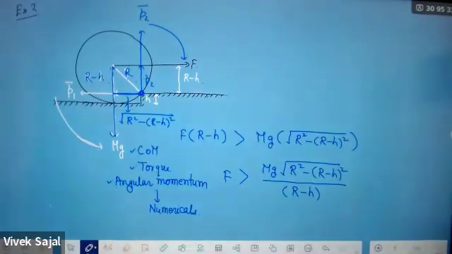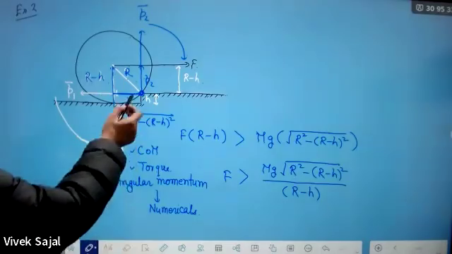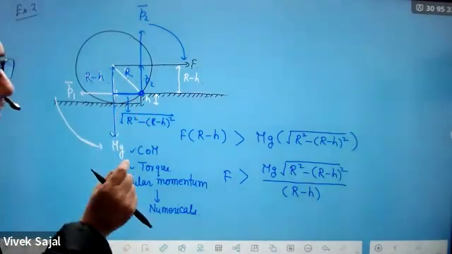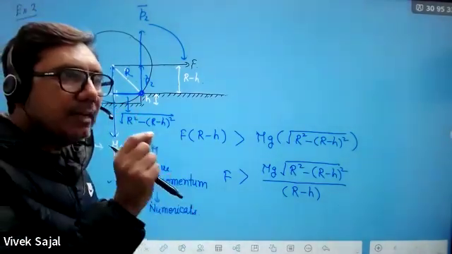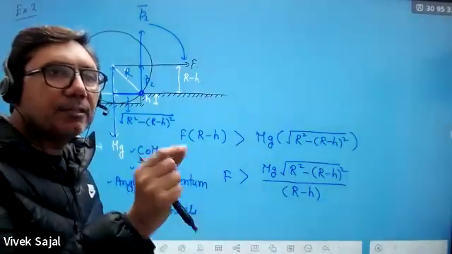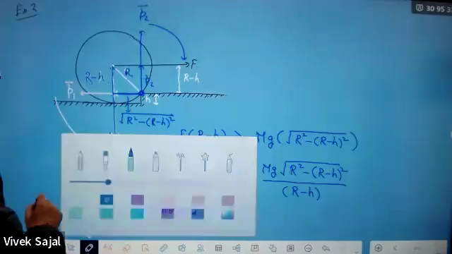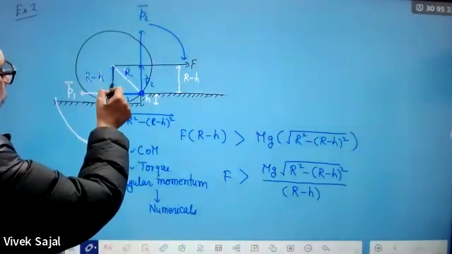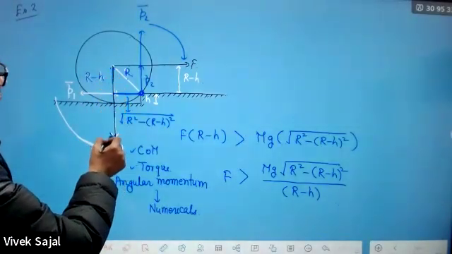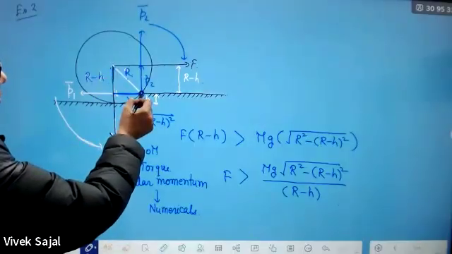That means we don't need the whole length; we just need the length of the perpendicular that we draw from the point of rotation to the line of action of the force. So this is my force, this is the line of force, and this is the rotating point.